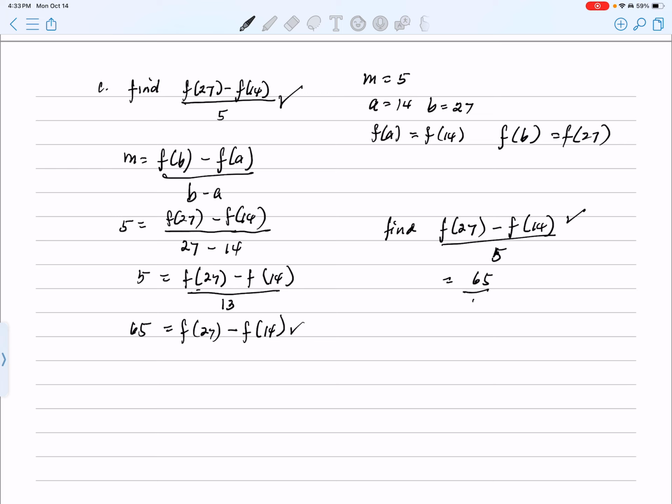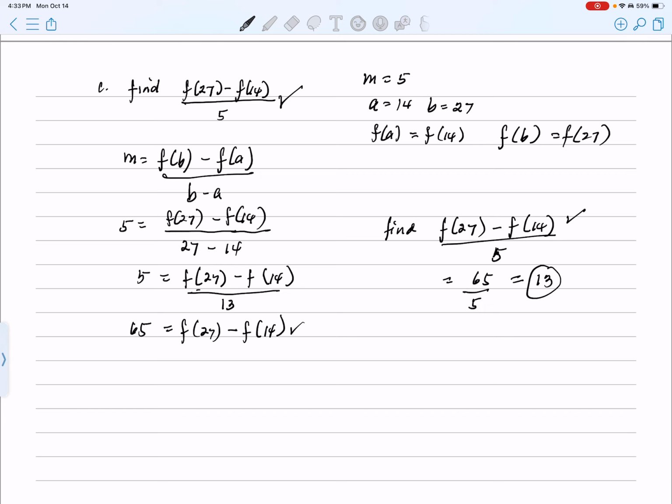Then you divide by 5. 65 divided by 5 is equal to 13. That is the value of f of 27 minus f of 14 over 5.